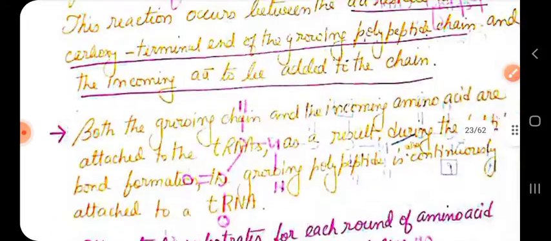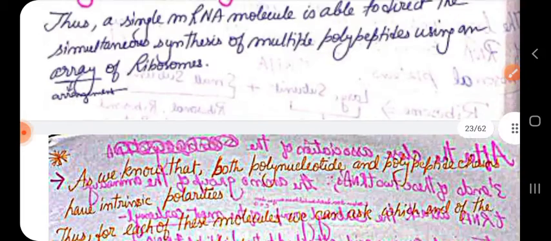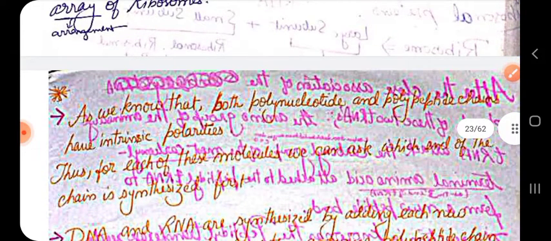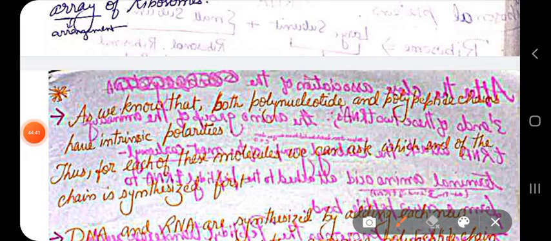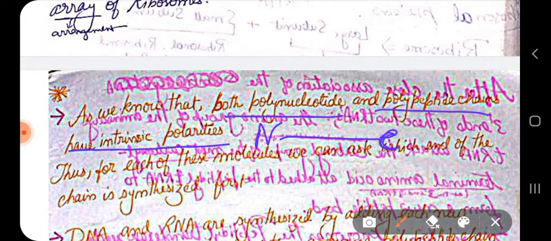So can I repeat it? Both polynucleotides and polypeptide chains have a polarity. The polypeptide chain starts from the N terminal end and has a C terminal end.